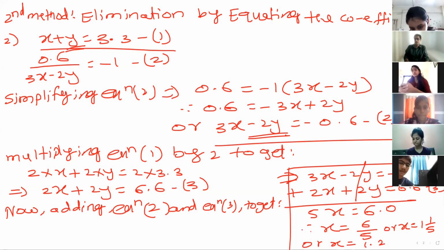You have to take the value of that variable x, correct? And then you have to substitute it in any one of the equations, either 1 or 2. Don't take 3 because 3 is the modified equation from equation 1. 3 is not a different equation.